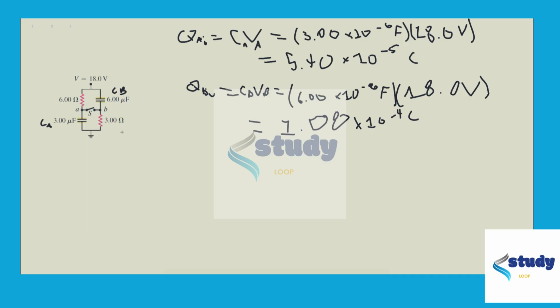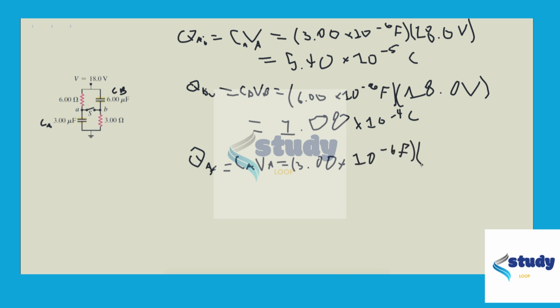Now, if we close the switch and wait enough time, based on the RC time constant between the resistor and the capacitor, for the capacitors to be fully discharged, we can say that QA final is going to be equal to CA times VA, which is, again, 3.00 times 10 to the minus 6 farads.